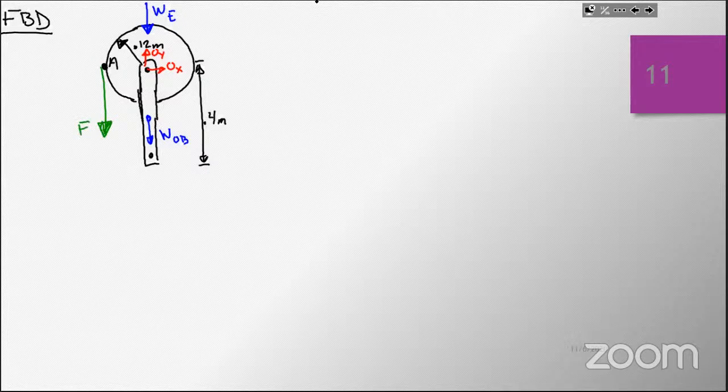How do I know that the force is pointed down that way? Let's throw this in here too: normal, tangential, and so how do I know that that's going to be pointed down?